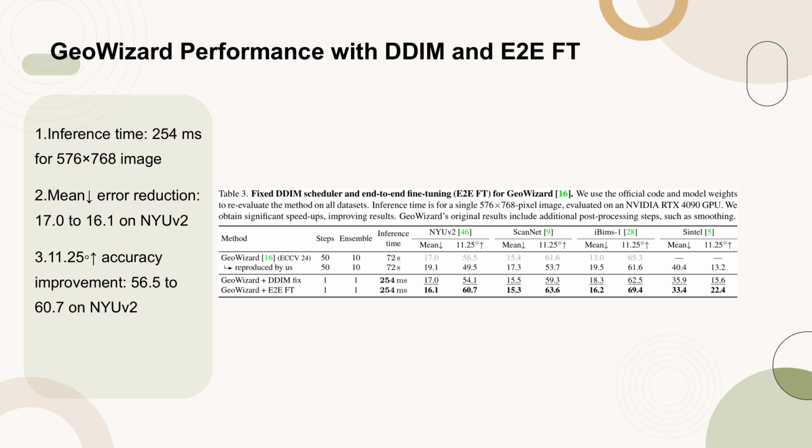The mean angular error, mean, on the NYUv2 dataset decreases from 17.0 to 16.1, and the percentage of pixels with an angular error below 11.25 degrees, 11.25, increases from 56.5 to 60.7. These improvements highlight the effectiveness of the applied techniques in enhancing GeoWizard's performance.